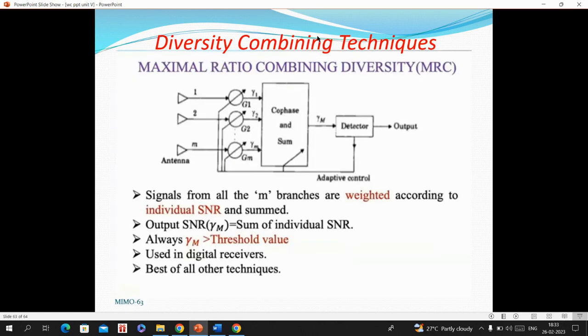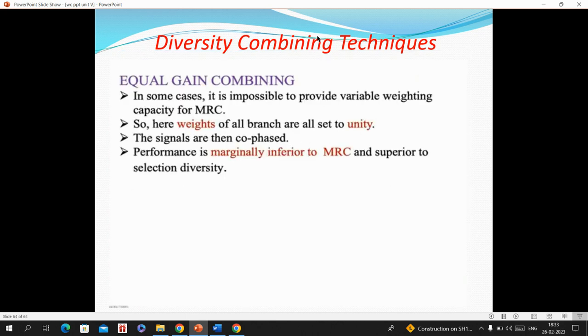In the MRC technique, we combine all the signals with weights. Instead, in equal gain combining, we are making all the branch weights unity. Then only can we combine all the signals with respect to co-phase.